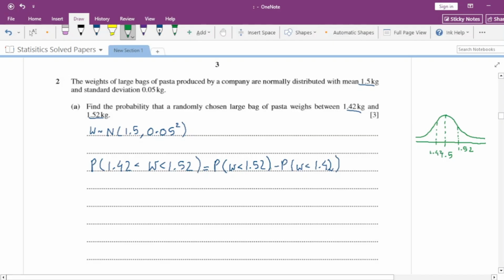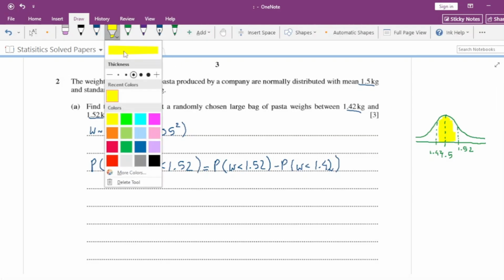So now how did I come up with this statement on the right? All right. So what do we basically want? We want the weight to lie somewhere in here, lesser than 1.52 but greater than 1.42. How do we achieve that?